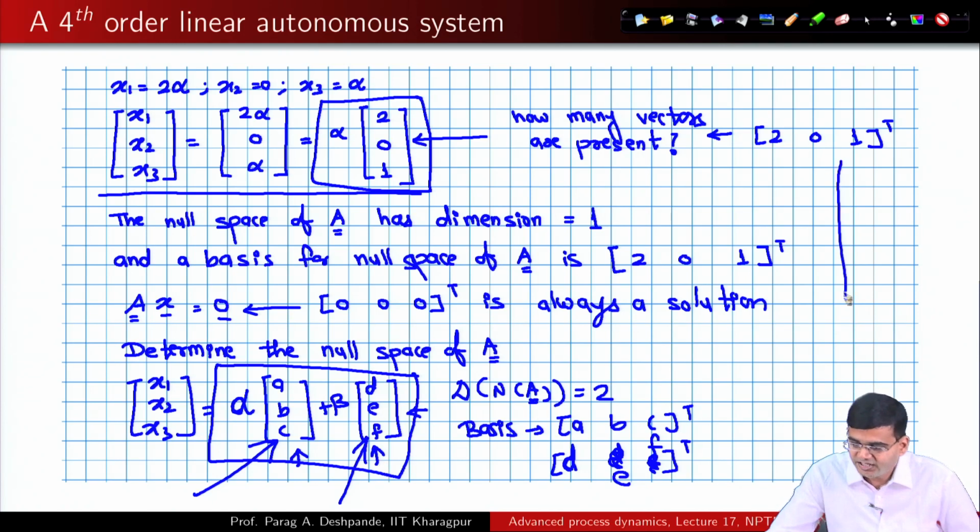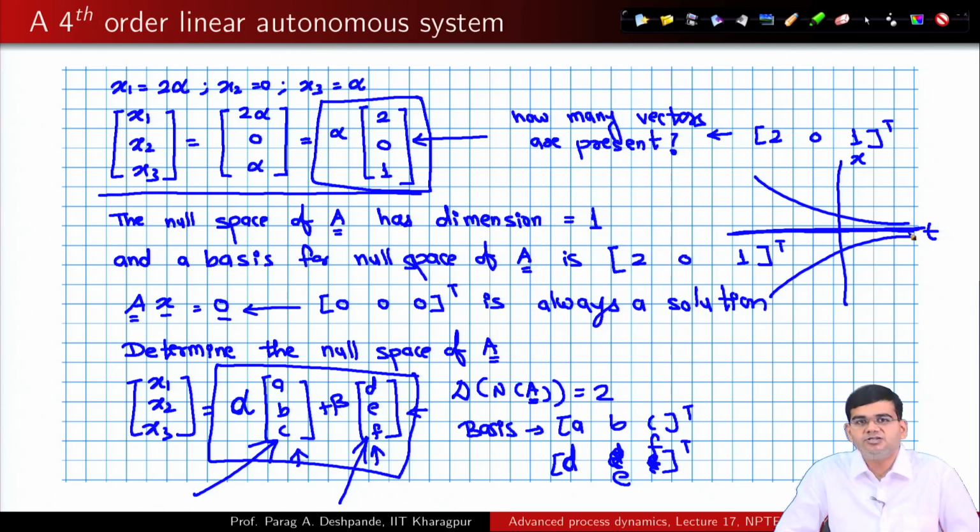For example, when we drew for a first order system the phase portrait which looked like this, being x and t and this being x, then we said that this equilibrium solution 0 is a stable solution because all the solutions are converging here. This was qualitative, by looking at the phase portrait. In the subsequent lectures, we would take up quantitative measures to determine how to establish whether the equilibrium solutions are stable or unstable. Thank you.